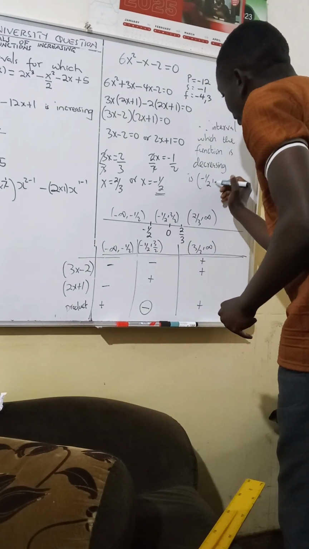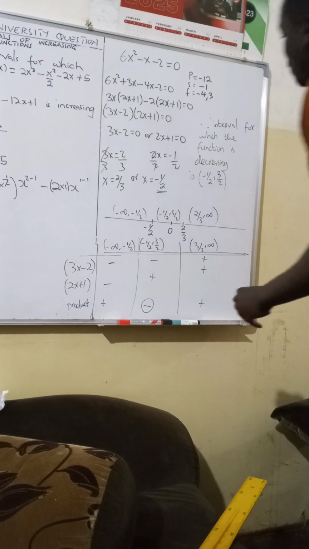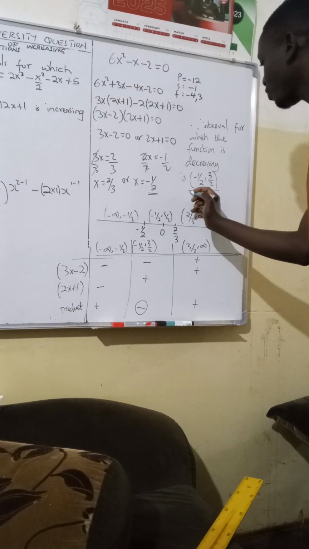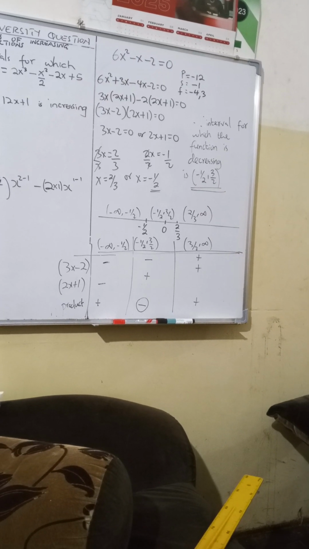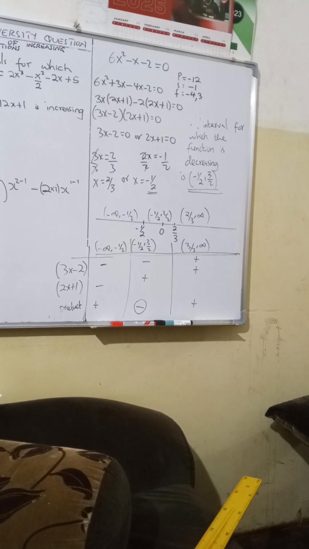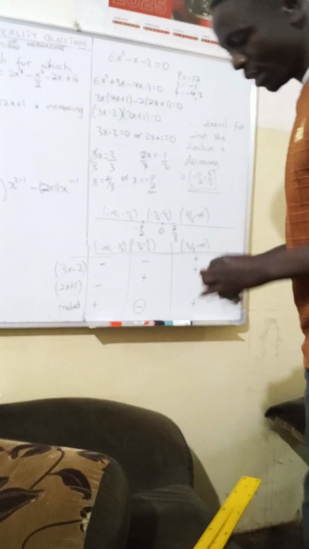Negative half to positive 3 over 2. This is the range where the function is decreasing. Okay, so that's the range where the function is decreasing, it is negative.